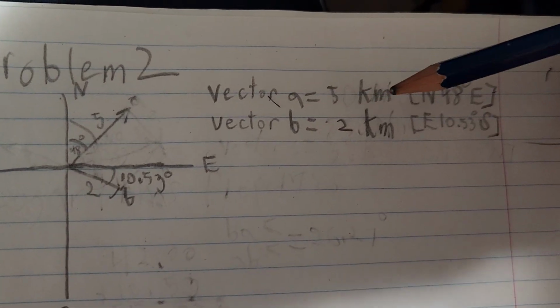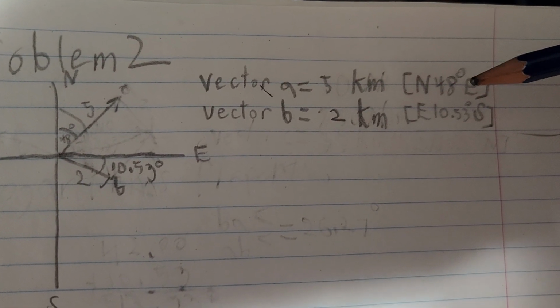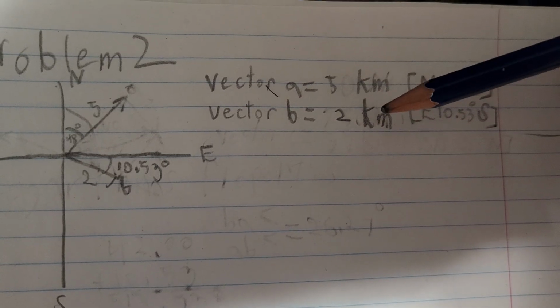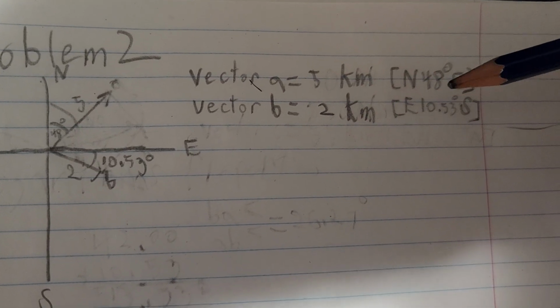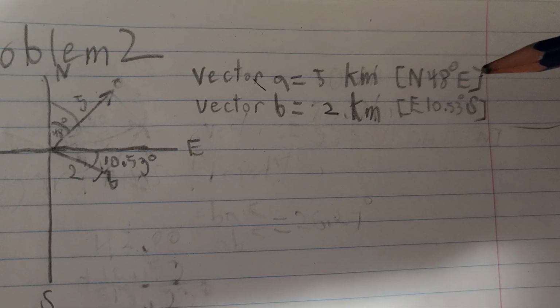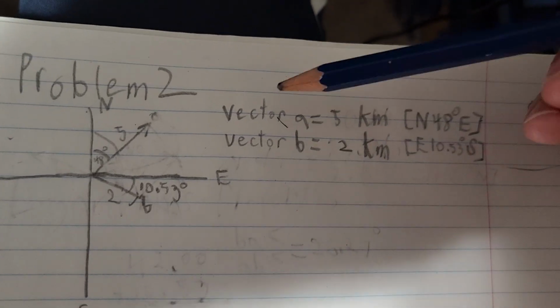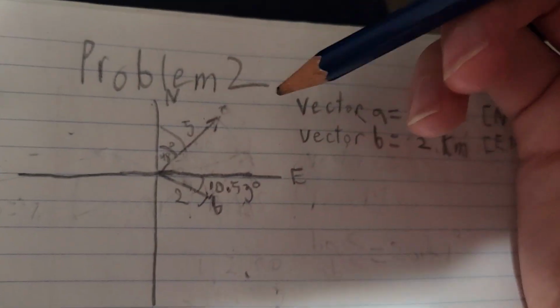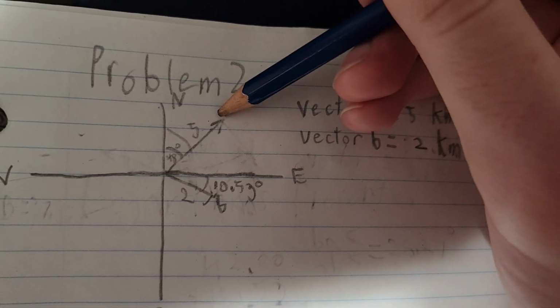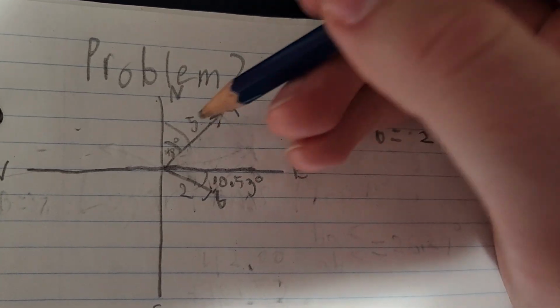Vector A is 5 kilometers north, 48 degrees east, and vector B is 2 kilometers east, 10.53 degrees south. With these lovely mathematics, we can actually solve for it all here. I'm just going to make sure that's nice and labeled.